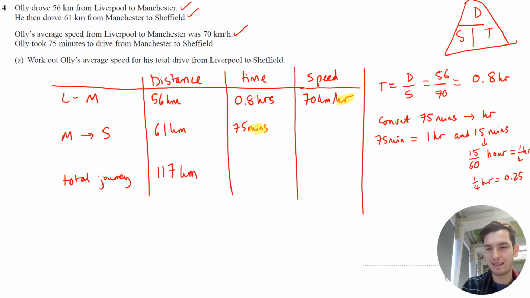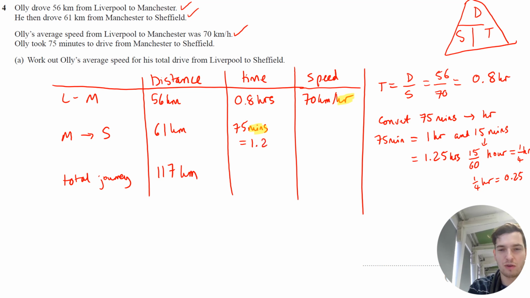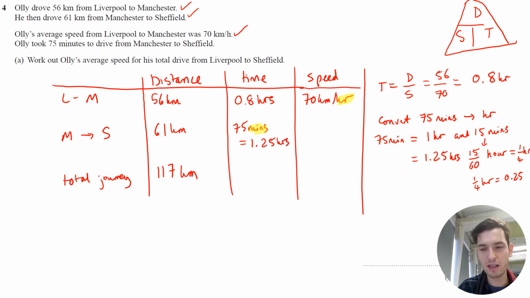So I actually think that 75 minutes is going to be 1.25 hours. So you should be careful with your conversions there. Okay, let's put that in the table. That is going to be 1.25 hours.